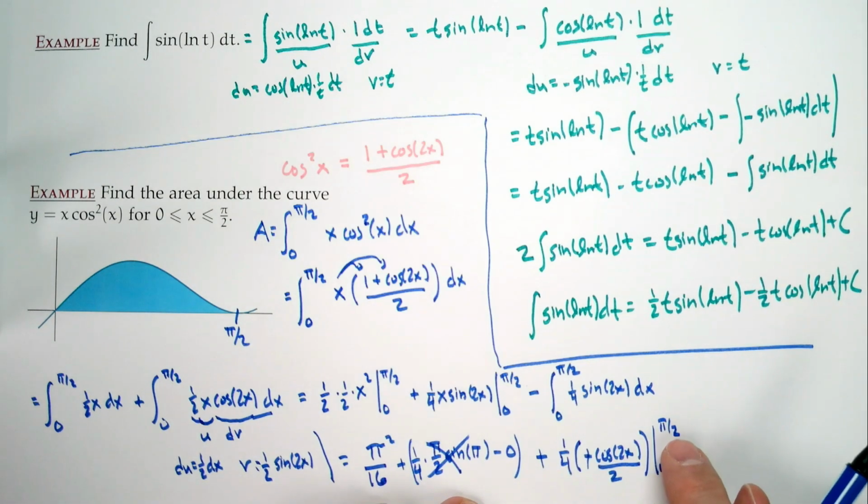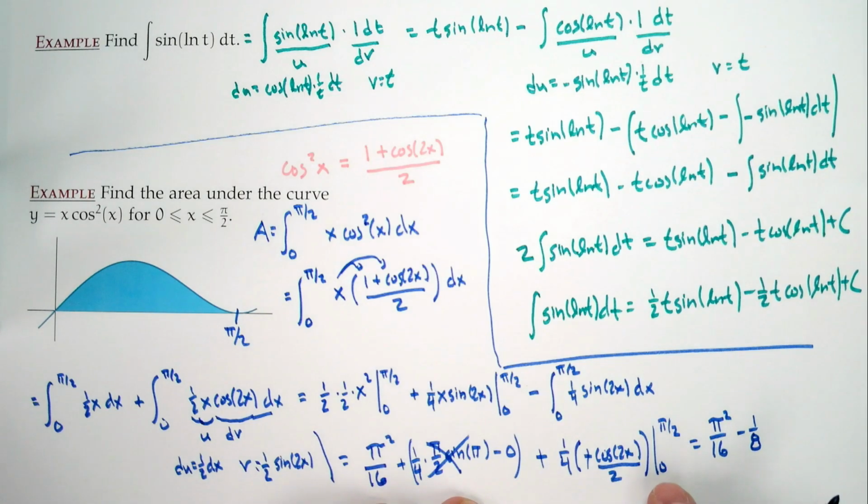When you plug in pi halves, we have our pi squared over 16 from the start. Don't forget that. Then we plug in pi halves. Cosine of 2 times pi halves is cosine of pi, that's minus 1. So that's minus 1, then times a half times a fourth, so that's minus 1/8.